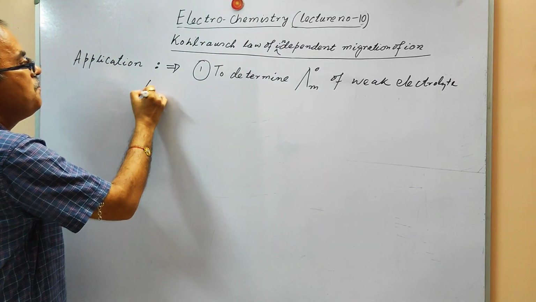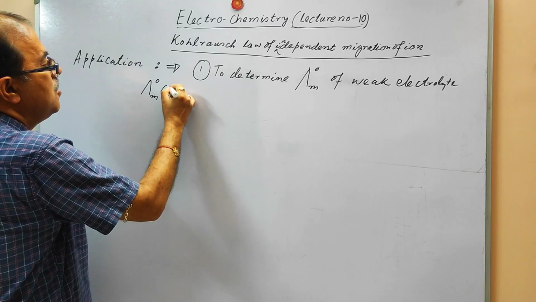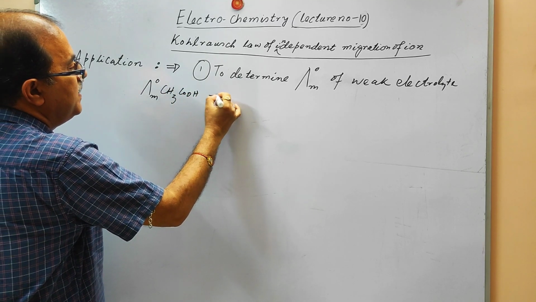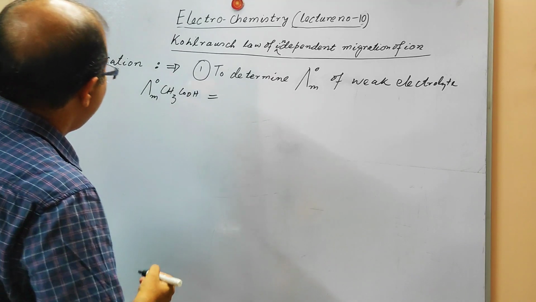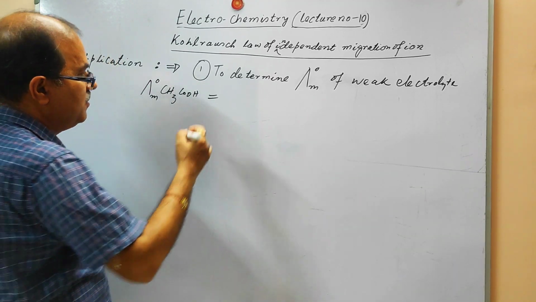Suppose we want to calculate the molar conductivity at infinite dilution of acetic acid. That can be done by applying Kohlrausch law of independent migration.